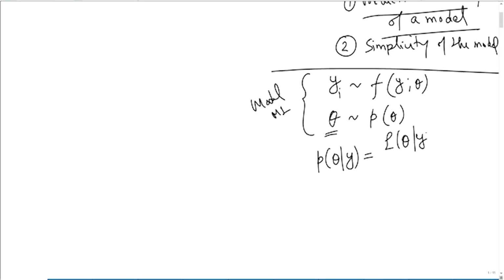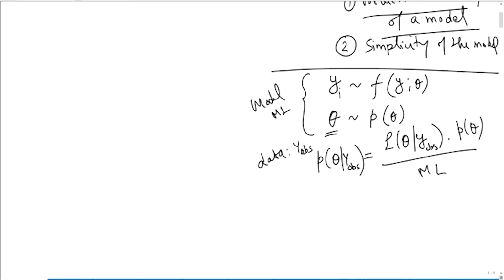Let us say the data that we are using to estimate the posterior is y obs. This is something we observe in a particular experiment. So, let me write it that way: p(theta | y obs) here as well. The likelihood will also depend on data, times the prior density of theta, divided by the marginal likelihood.